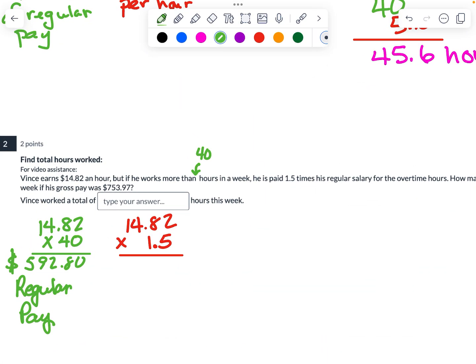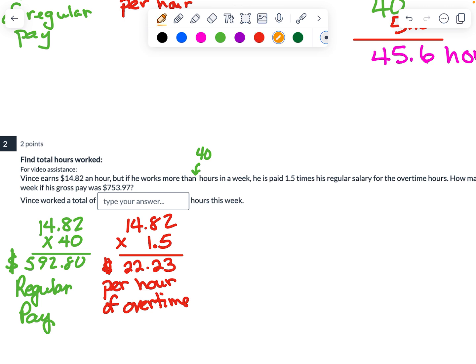So he's making $22.23 per hour of overtime.